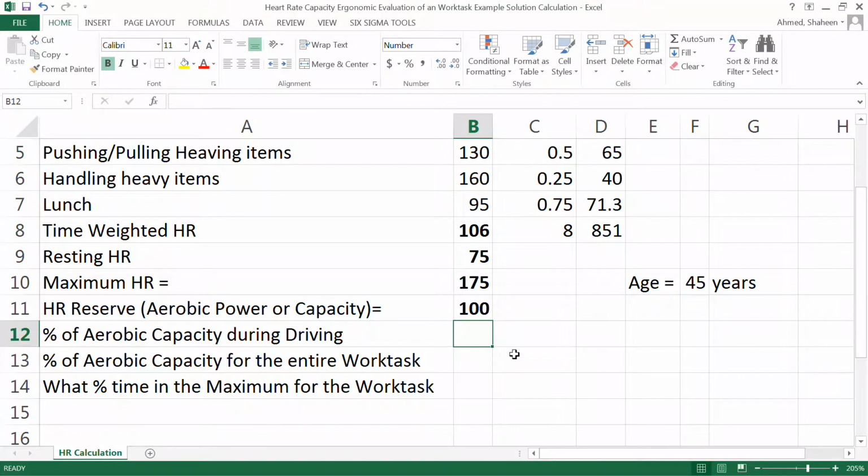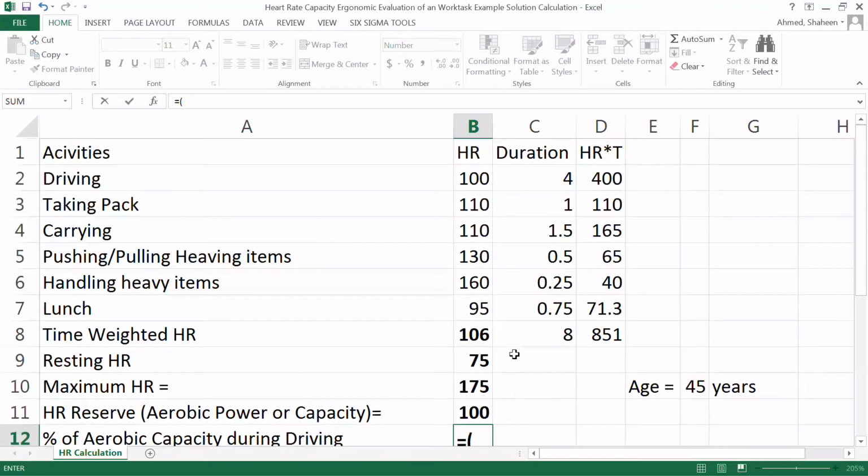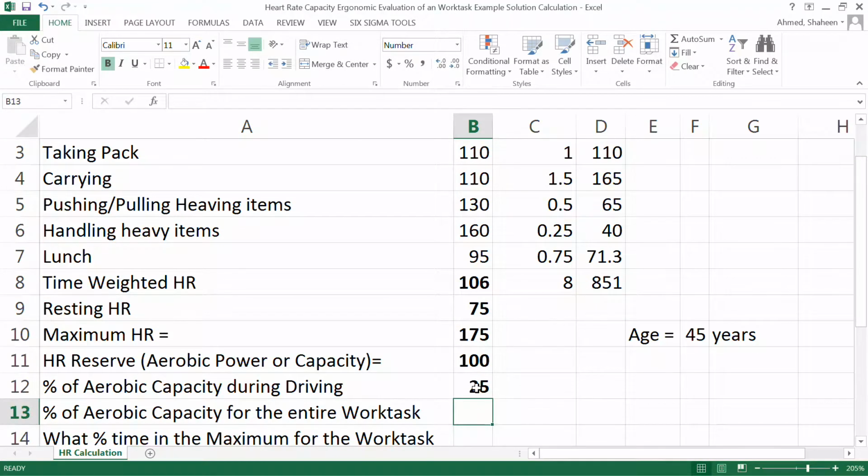Now the percent of aerobic power used, or percent of heart rate reserve used, during the driving: this is the driving heart rate minus the resting, which is 75. Then close the parenthesis, divide by the reserve, times 100. We're calculating percentage. So 25% of the capacity the person is using while driving.